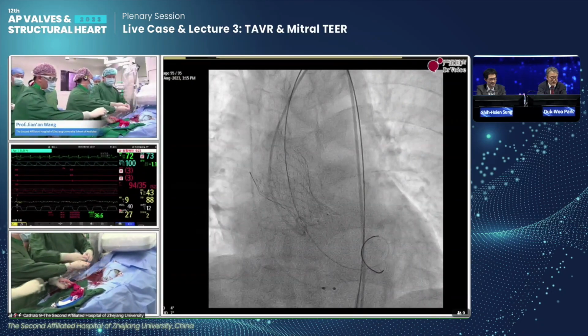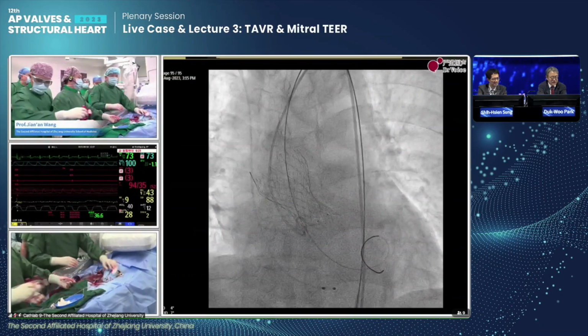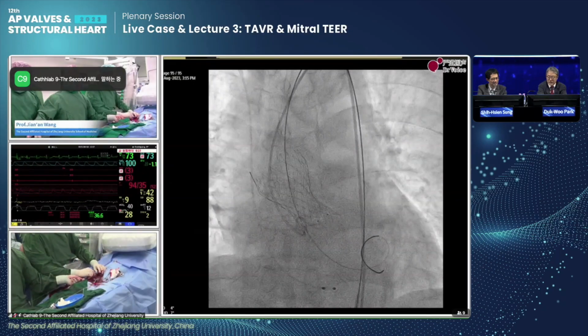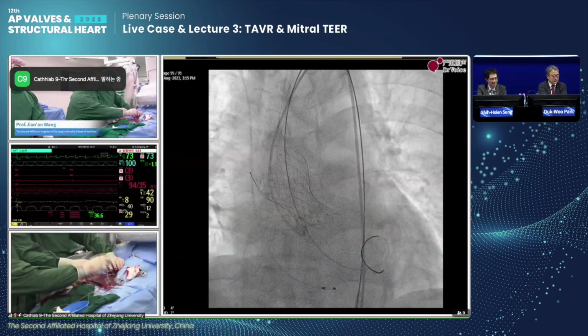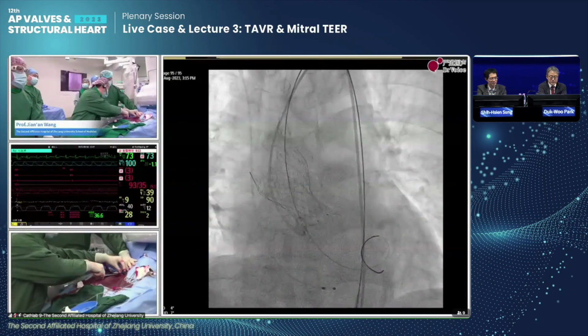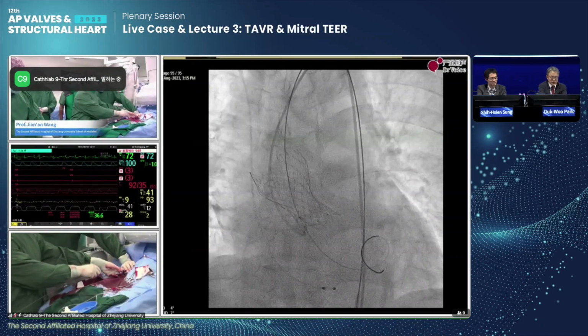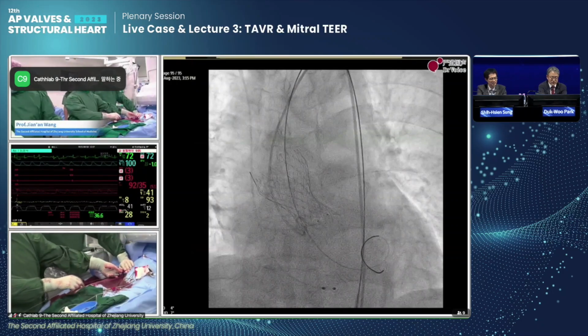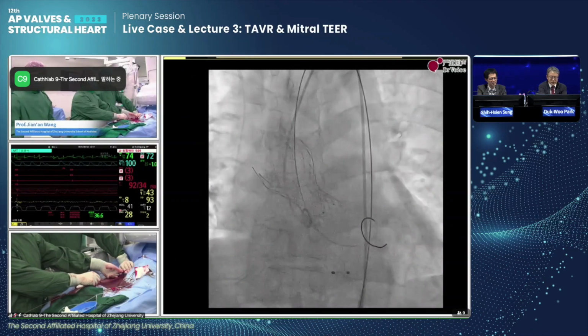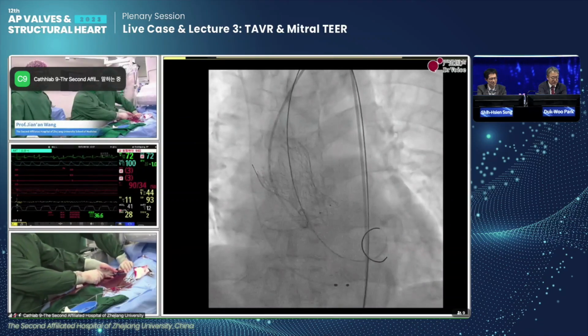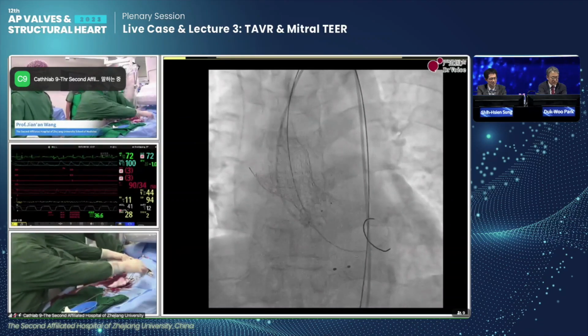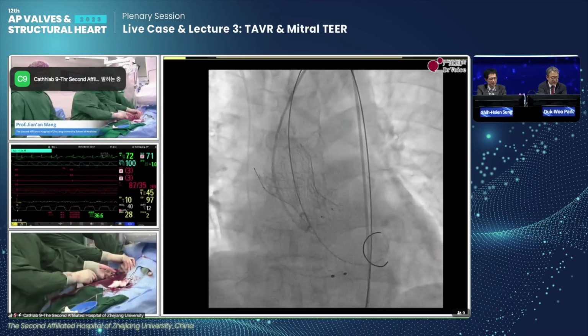Could you show us the hemodynamics? The blood pressure is 94/35, and heart rate is 73. The saturation is 100%. Can you show us the echo? Maybe give some fluid, and speed it up. Not a big problem, systolic pressure is a bit low.